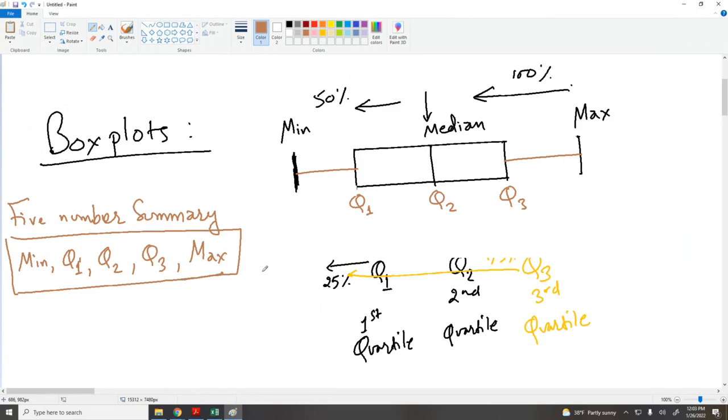In that case, some of the data points could lie somewhere around here, or here if this is very low. Look at this line, and you can see that some of the data points may lie in this case. Since that's an outlier, it doesn't follow the usual pattern of the data, so that's why they are pushed further to the left or further to the right. All right, so that's what should be known for box plot.